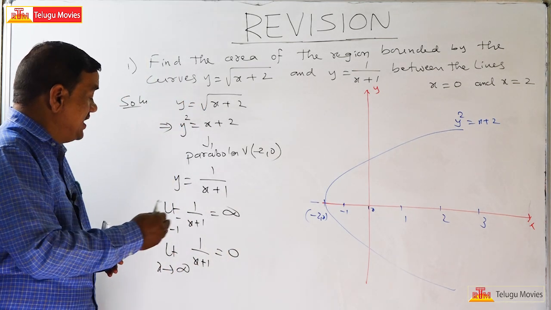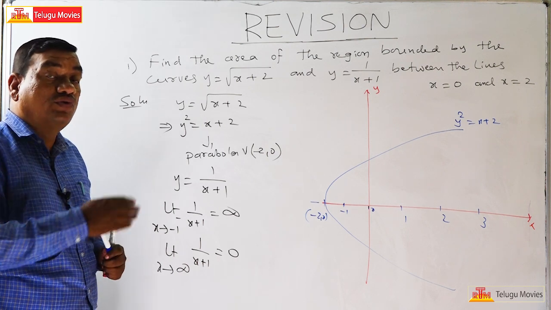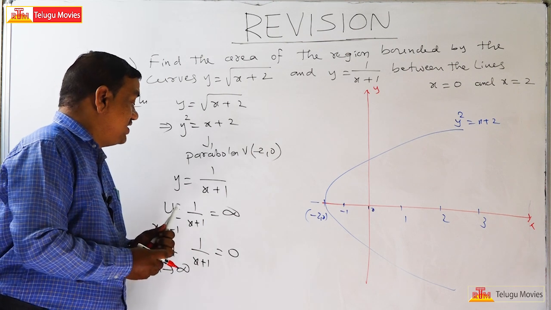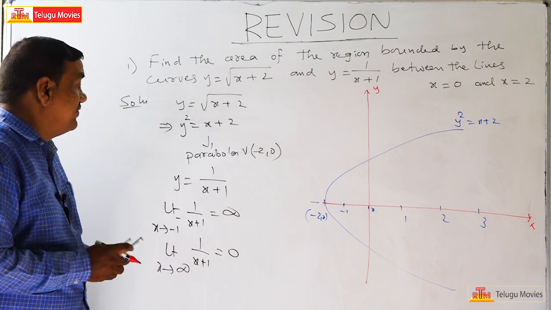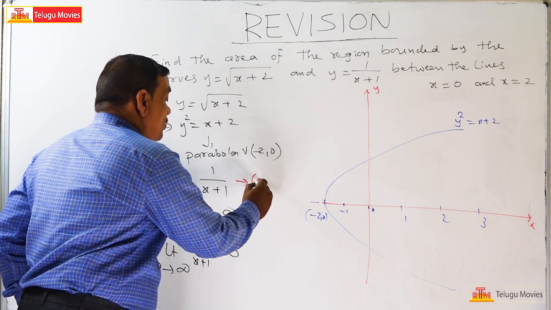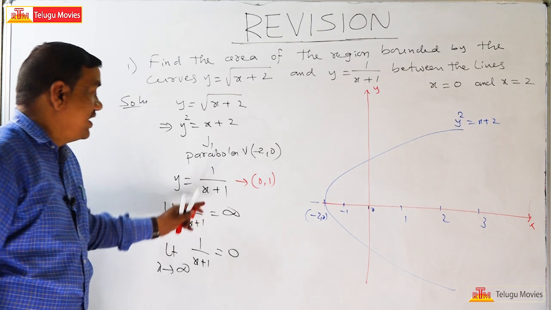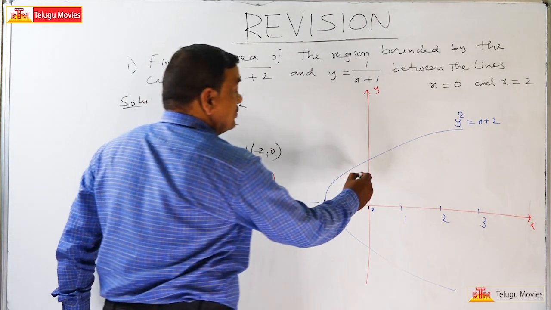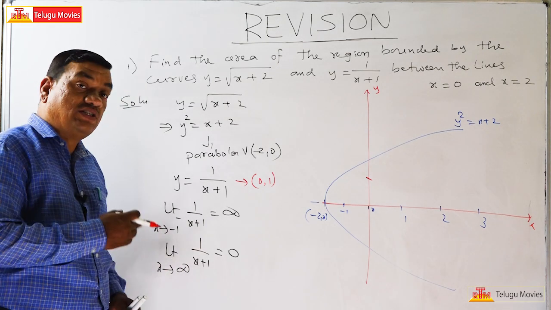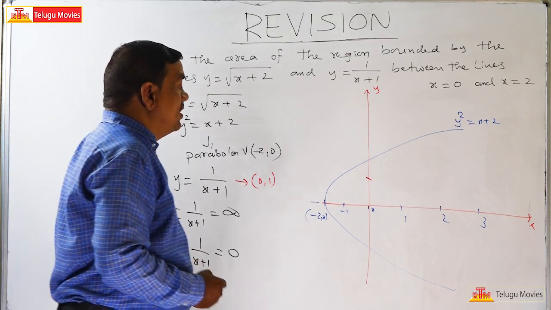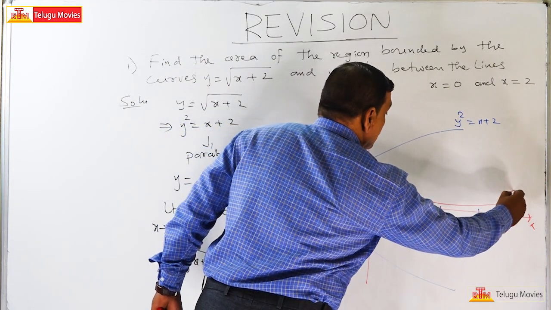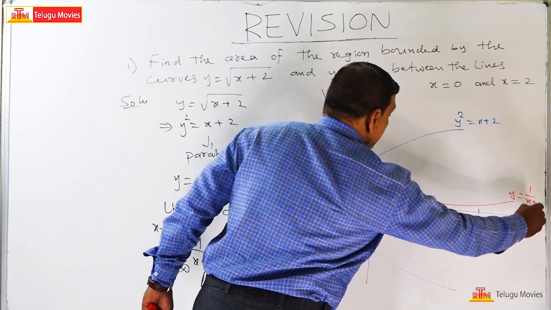If x equals 0, the y value is 1. As x tends to infinity, 1 by x plus 1 tends to 0. So this will be the graph of y equals 1 by x plus 1.